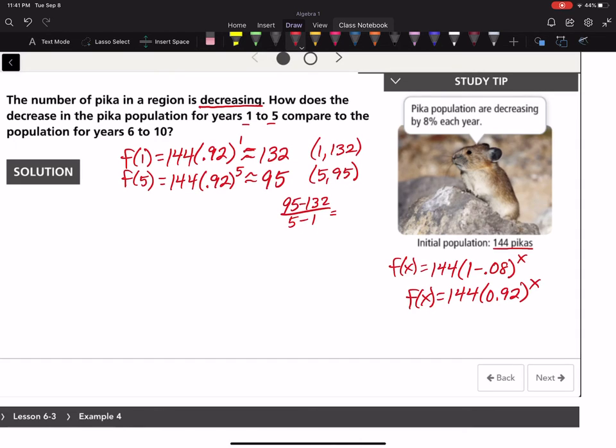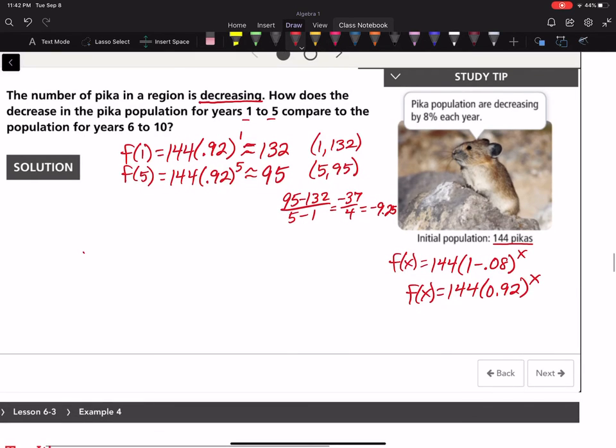And so when you do that, you'll get negative 37 over 4, which is negative 9.25. Okay, so that's decreasing at a rate of 9.25 pikas per 4 years. Okay, per year, excuse me, not per 4 years, per year. 37 pikas per 4 years, but about negative 9.25 per year.